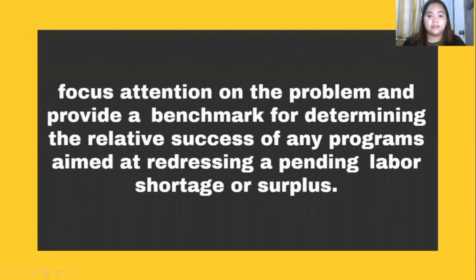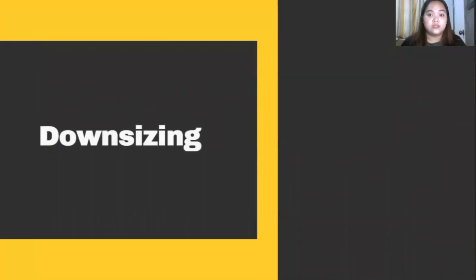So in the past decade, there have been a lot of typical responses of organizations to surplus or shortage. Let's discuss the traditional responses of organizations before to surplus and shortages. The first one is downsizing.